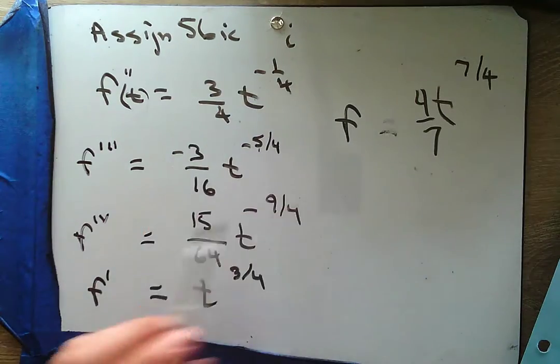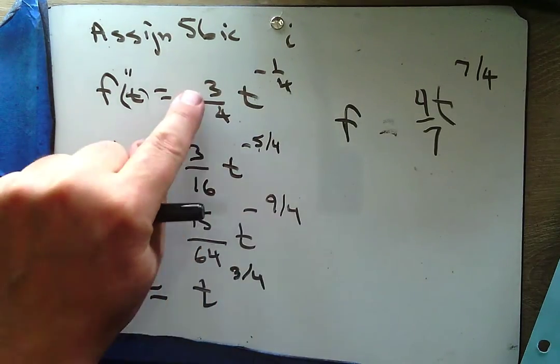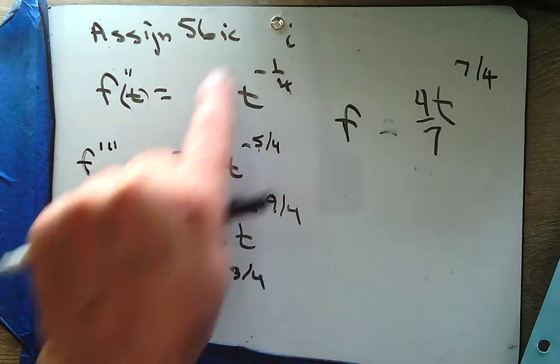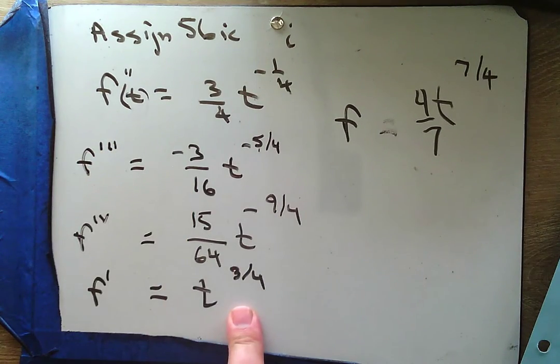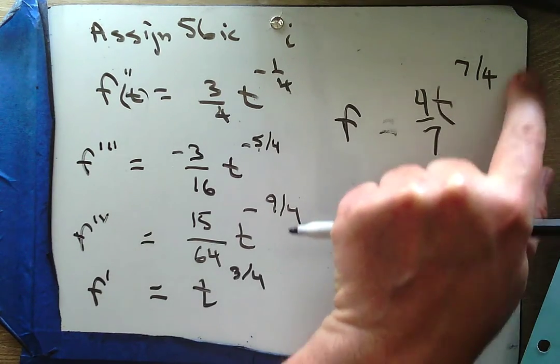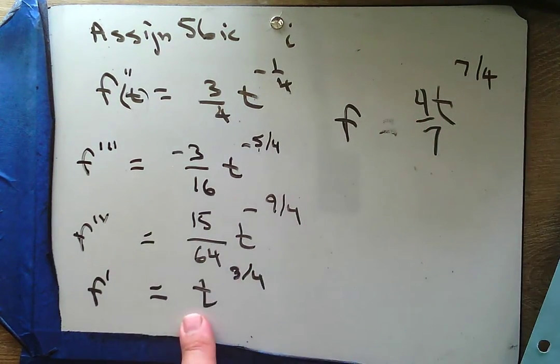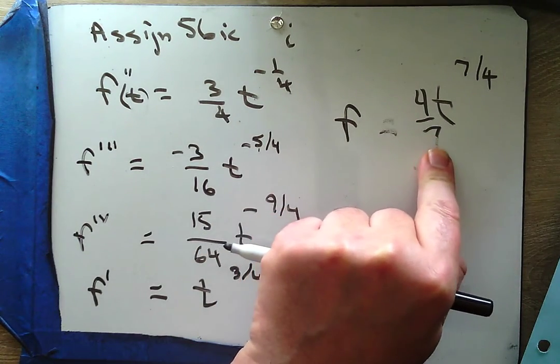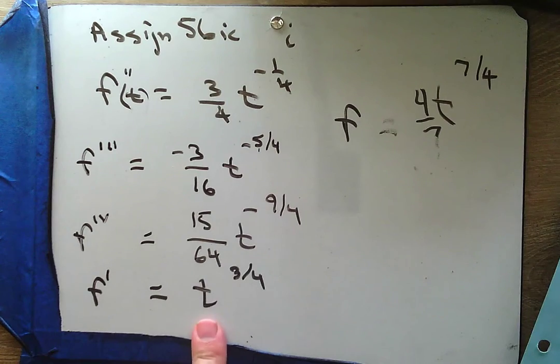So I can go backwards by adding 1 and then checking what happens when I move that down. It's not there, so I'd better have something in the original function so that when I take its derivative, I end up here with f prime.